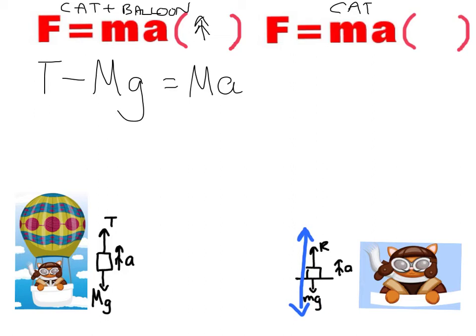In total, it's accelerating upwards, so we say we're doing F equals ma in this direction, where up is positive, so up we've got R, and down we've got mg, and that equals the mass of the cat times the acceleration of the system, which would obviously be the same as this acceleration here, but the masses would be different.